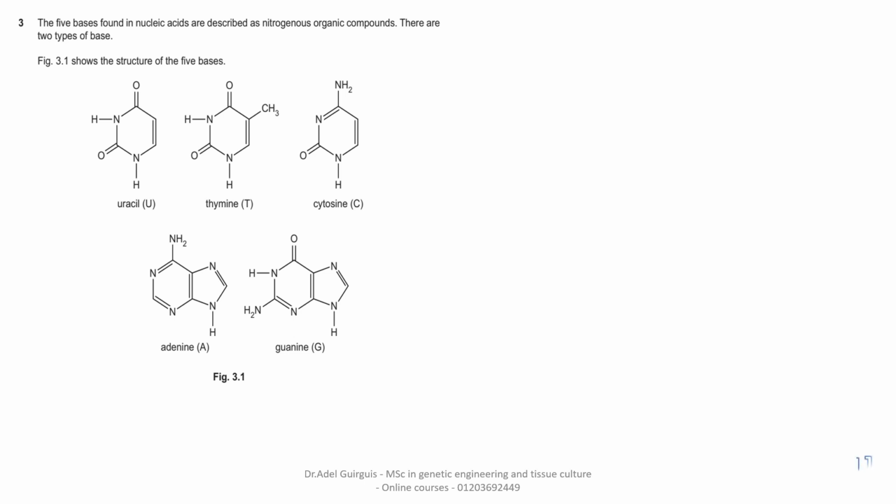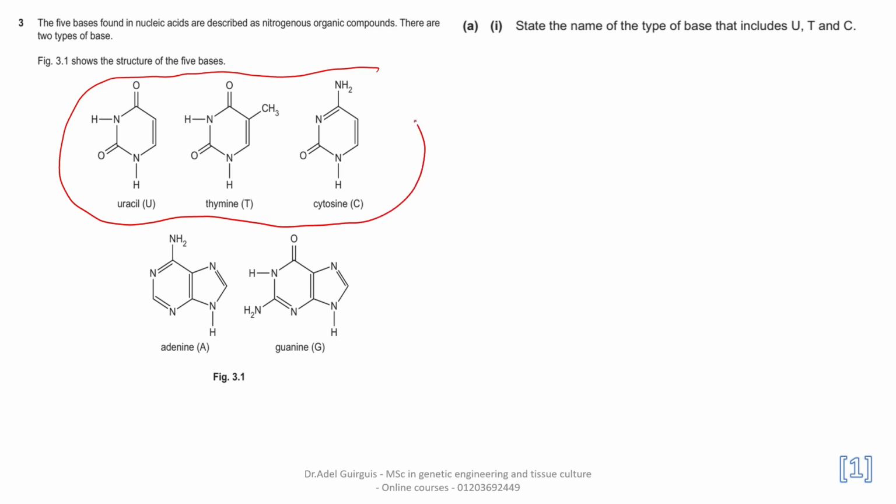The question here: state the name of the type of base that includes U, T, and C. What's the family name of chemicals represented by U, T, and C? Only one nitrogenous ring. That's called pyrimidines.